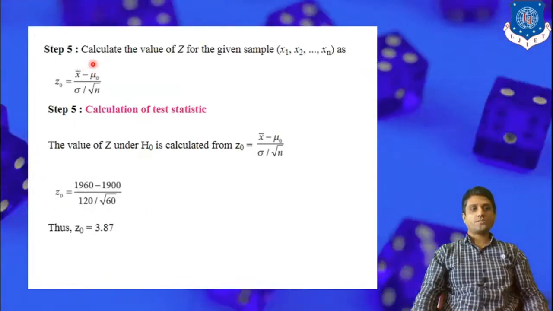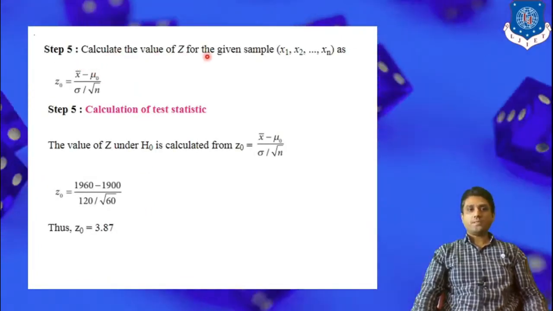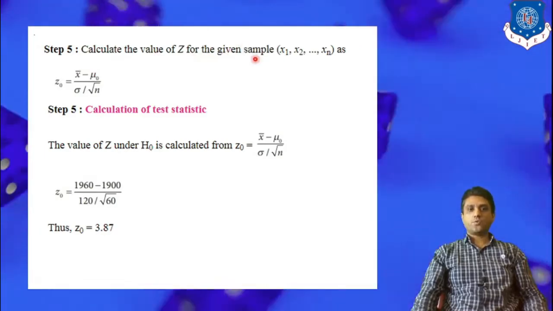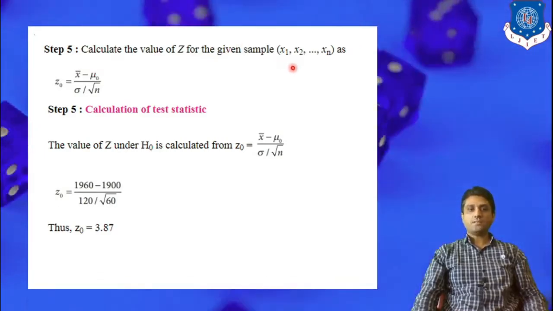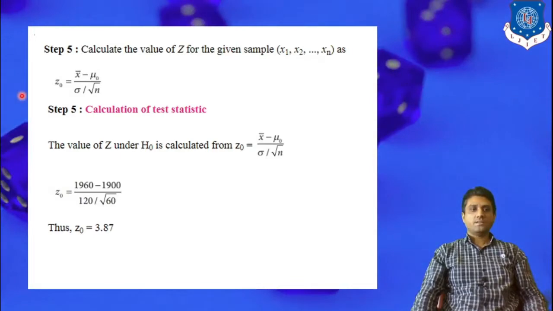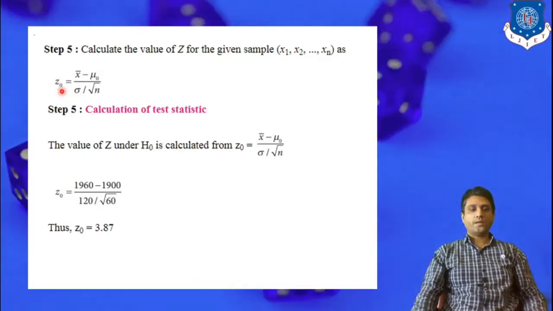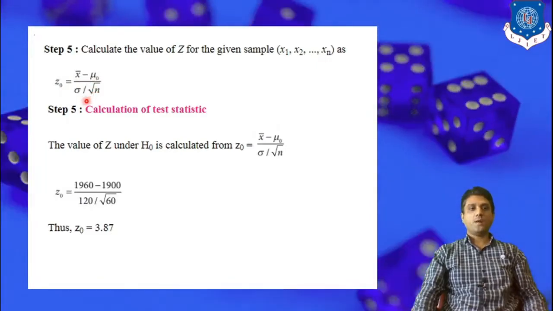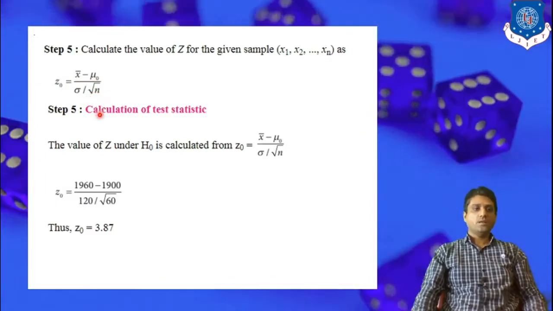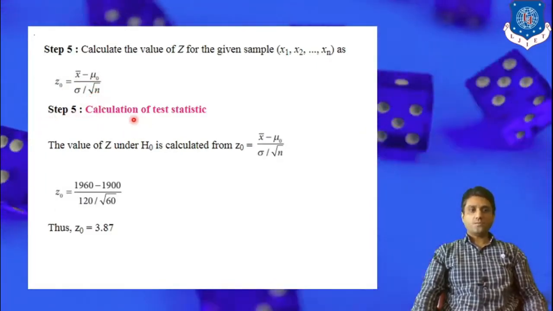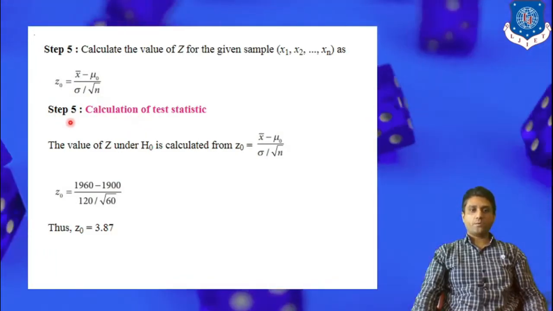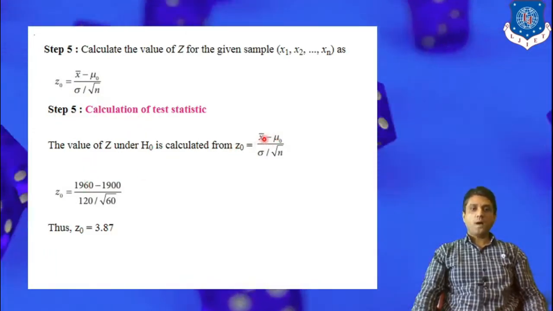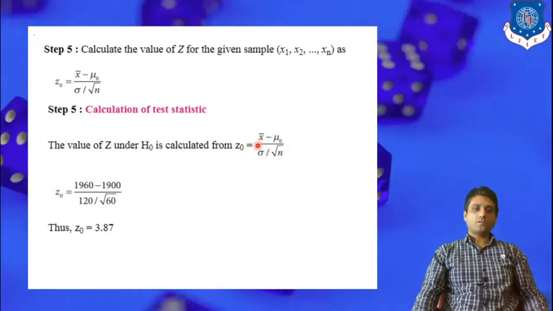So let's move on to step number 5. We have to precisely calculate the Z statistic corresponding to the sample, here 60 samples, the observed Z value, that is Z0, equal to x bar minus mu 0 upon sigma upon square root of n. In the context of this example, x bar is the observed mean.